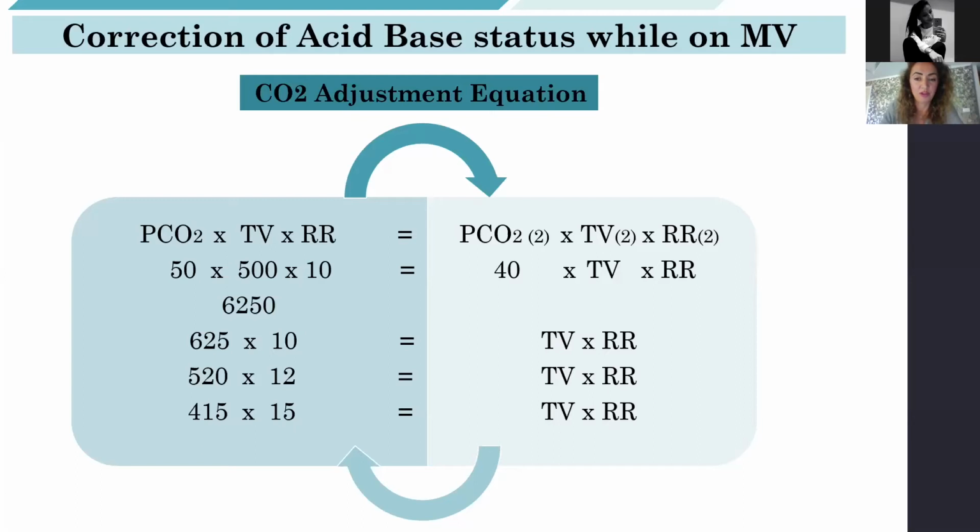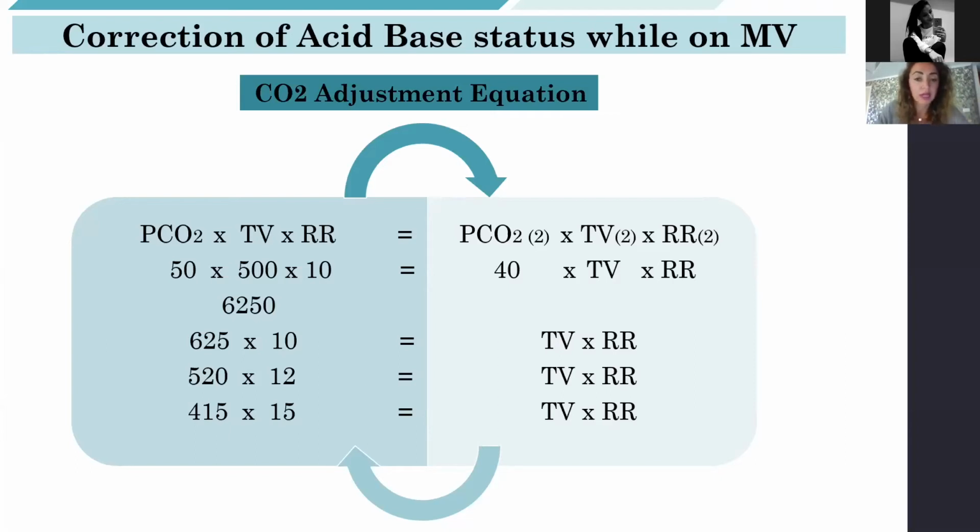As I mentioned, we can correct the PCO2 with the ventilator. Correction of respiratory acidosis and alkalosis when the patient is on the ventilator, we can calculate with the above equation. Ventilation produces a certain amount of carbon dioxide, as determined by blood gas analysis, which we are able to calculate.